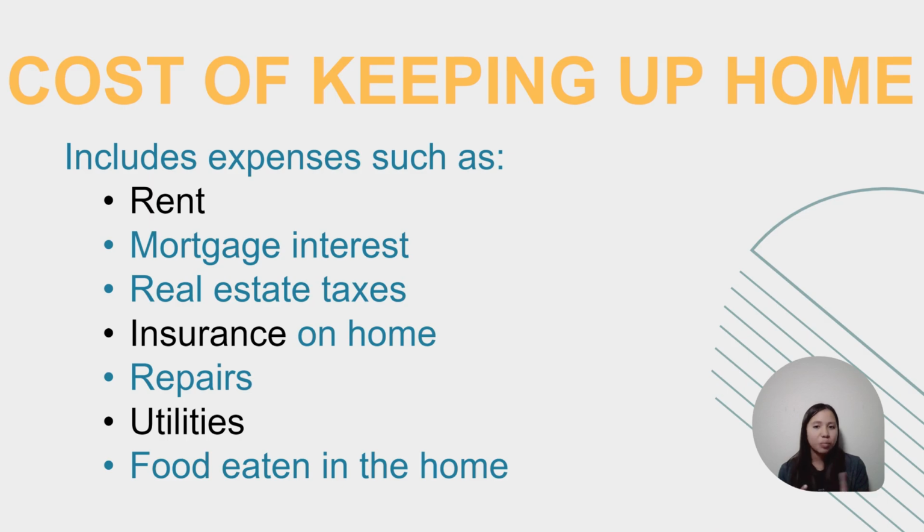So rent, mortgage expense, real estate taxes, insurance, that kind of thing. Whereas the cost of support would be clothing, shelter, any food both in the home and out of the home, that sort of thing, things you would need to support the dependent.